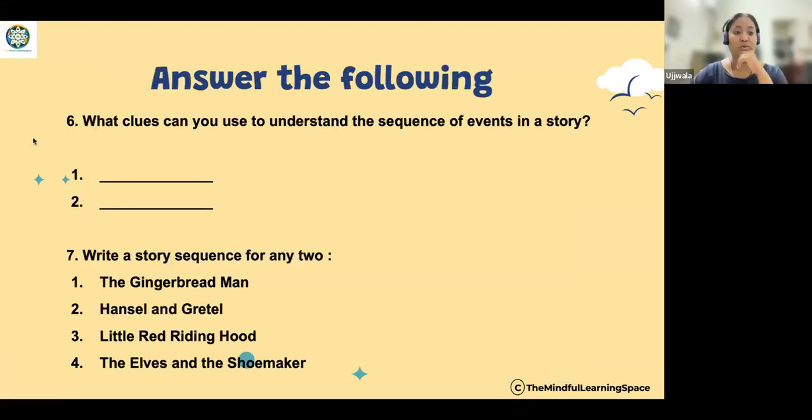Okay. So, what clues can you use to understand the sequence of events? How did you get the answer? What are the clues you were getting? Yes, Chitra? It's like how you start the sentence. If there's first or next or then or finally, you can tell where they are in the story.